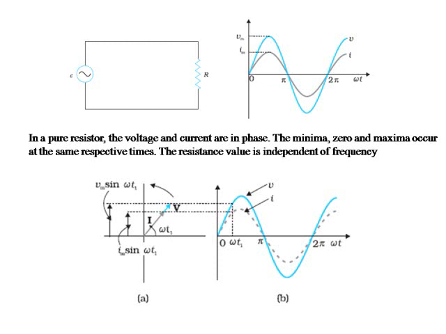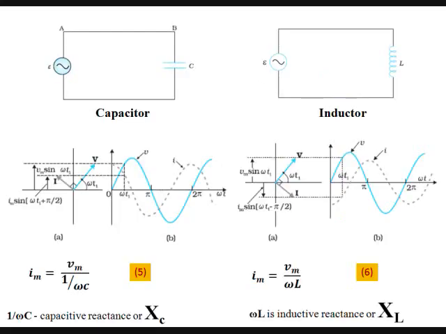The vertical components of phasors V and I represent the sinusoidally varying quantities V and I. The magnitudes of phasors V and I represent the amplitudes or the peak values Vm and Im of these oscillating quantities. But the cases of an inductor, a capacitor, or a combination of these circuit elements are different.